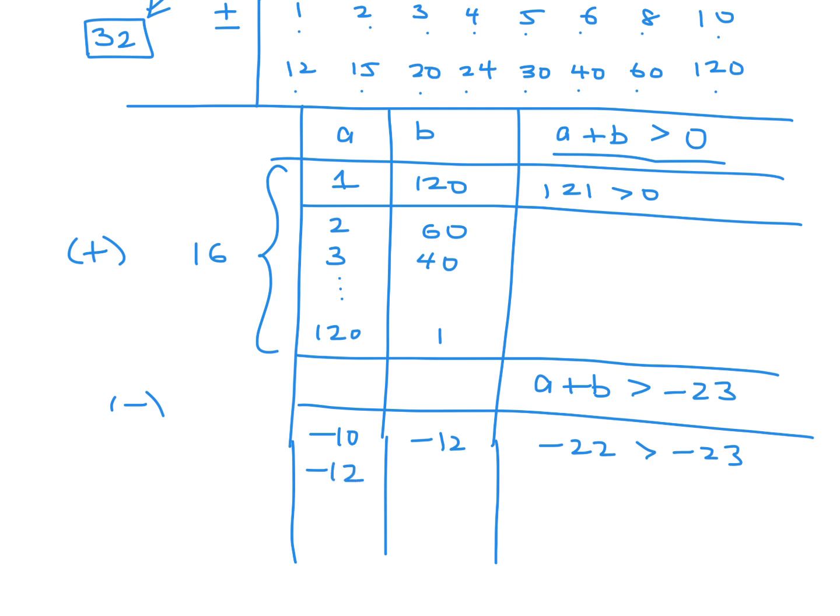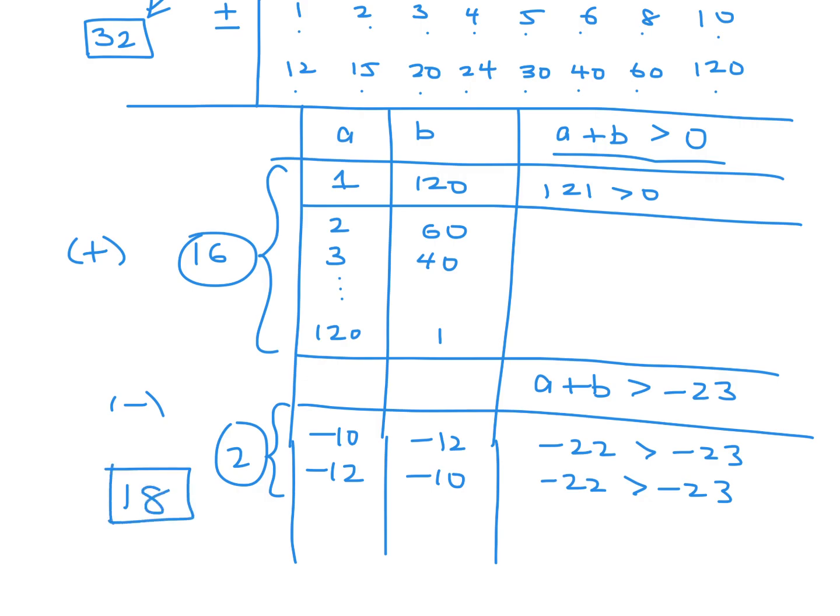And if you flip the minus 12 and minus 10, that would also give you minus 22, which is greater than minus 23. And that's it. Those are the only possible combinations using the negative divisors. So this gives you another 2. So if you add these, you get 18. And 18 is actually the answer to the question.